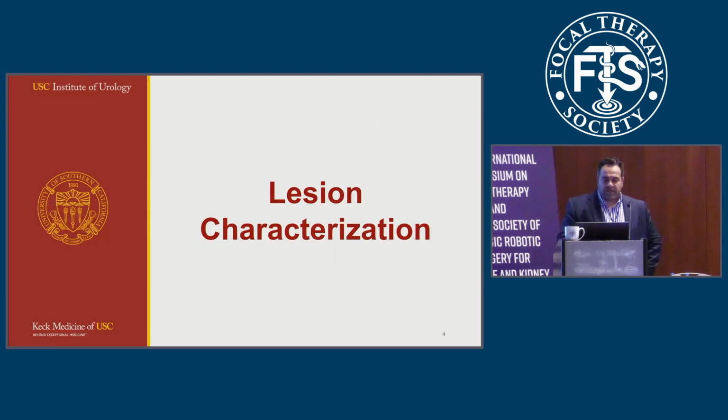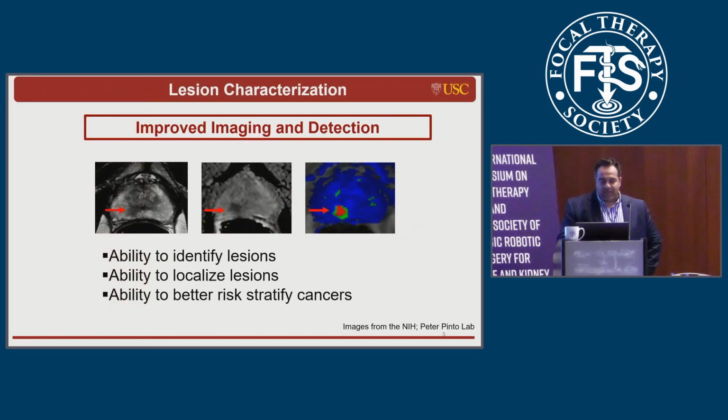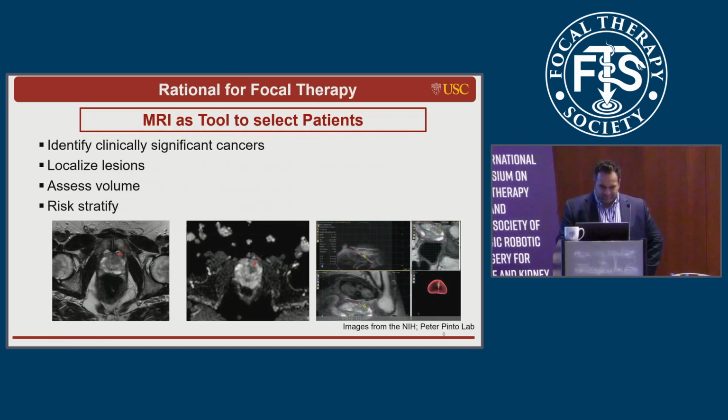So about lesion characterization, I think we had extensive talks on that. Improved imaging and detection give us the ability to identify lesions, localize the lesion, and better risk stratify cancer. We are able to identify clinically significant cancer, localize the lesion, assess the volume of the tumor, and risk stratify the patient.